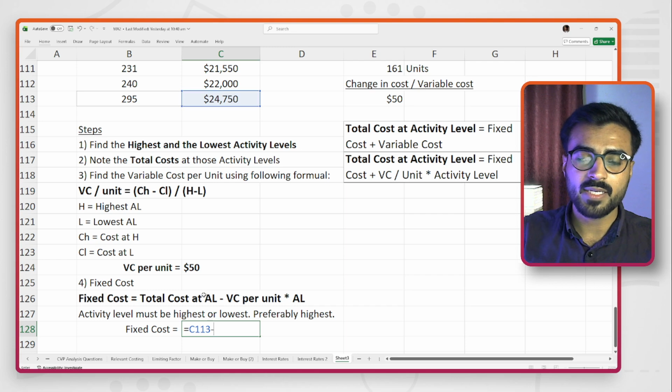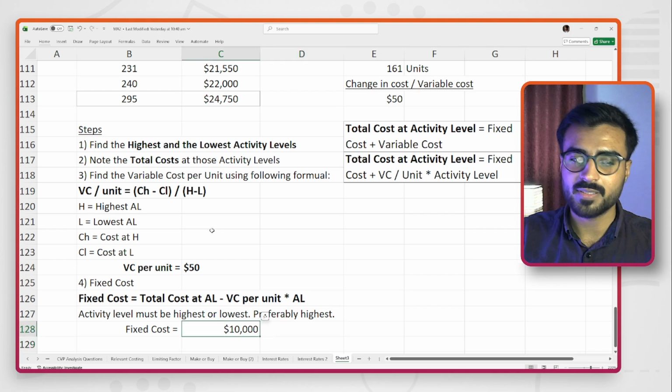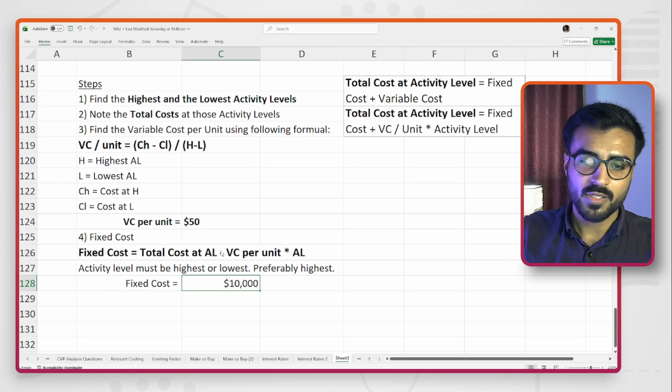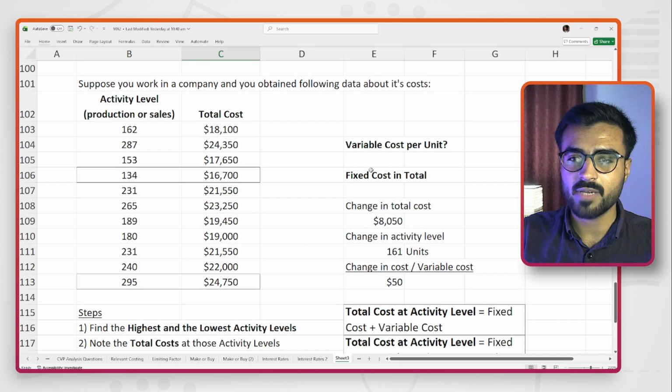Now we will find the variable cost element. The variable cost per unit is $50 times the activity level. We chose the highest activity level, so we multiply by the highest activity level. So this is the fixed cost element, $10,000, right? You see, this was very easy to do. We have found the variable cost per unit and the fixed cost in total.